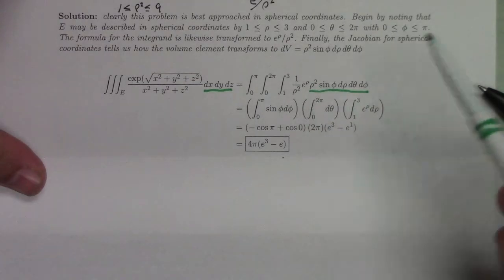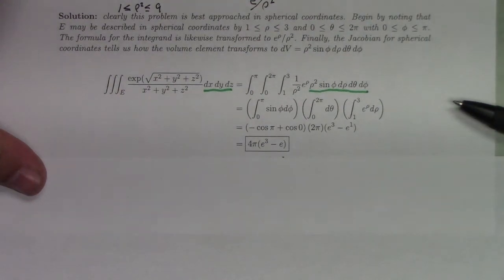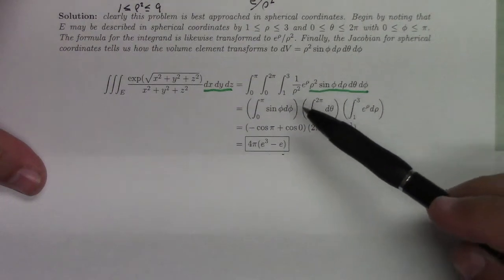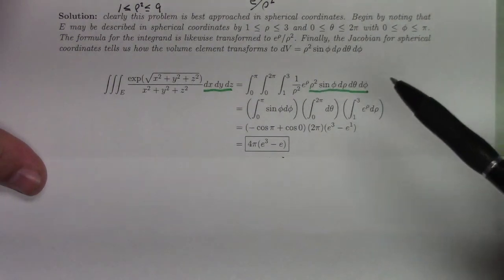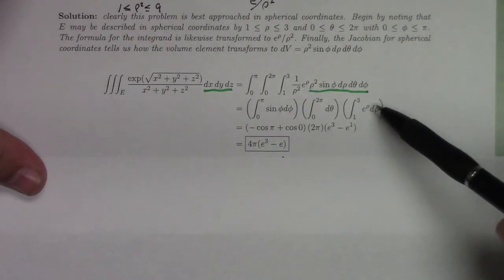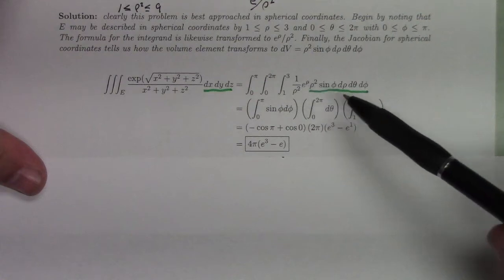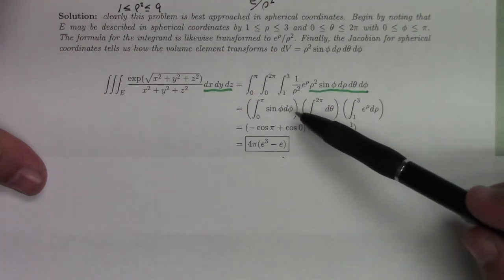So the rho squareds cancel, which is super nice, and you're just left with e to the rho, sine phi, and dθ. Since there's no intertwining of the functions, you can just multiply the integral of phi times the integral of theta times the integral of rho, keeping the explicit dependence with each integral, so sine phi.